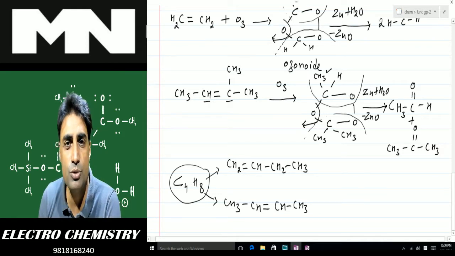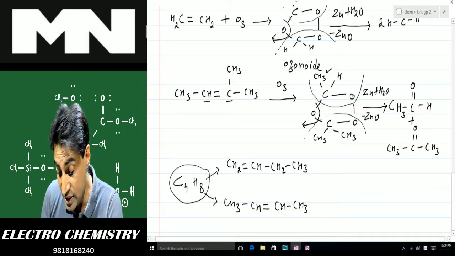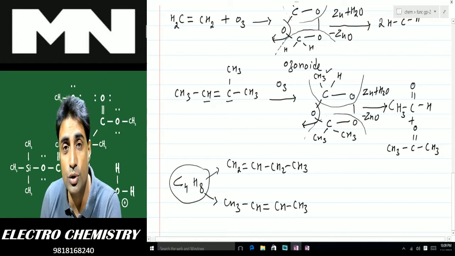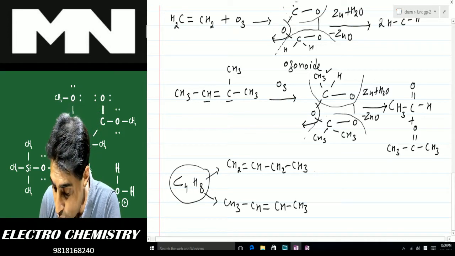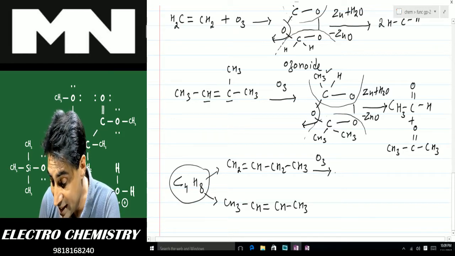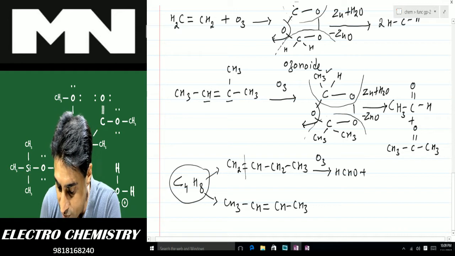Now the question comes to our mind where the double bond is, whether it is but-1-ene or but-2-ene. Ozonolysis can tell us. If I carry out ozonolysis of this compound, the product I get will be formaldehyde, that is HCHO, and a propanaldehyde, because it is going to break from this double bond.